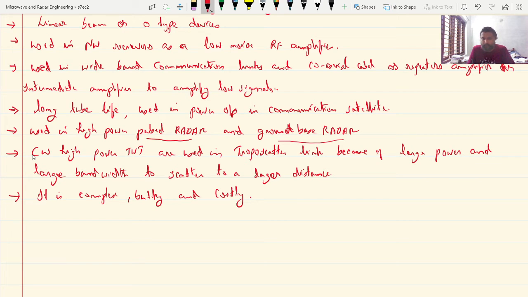One more thing you have to keep in mind in case of the traveling wave tube is that the interaction between the electron beam and RF field will be continuous over the entire length of the circuit.